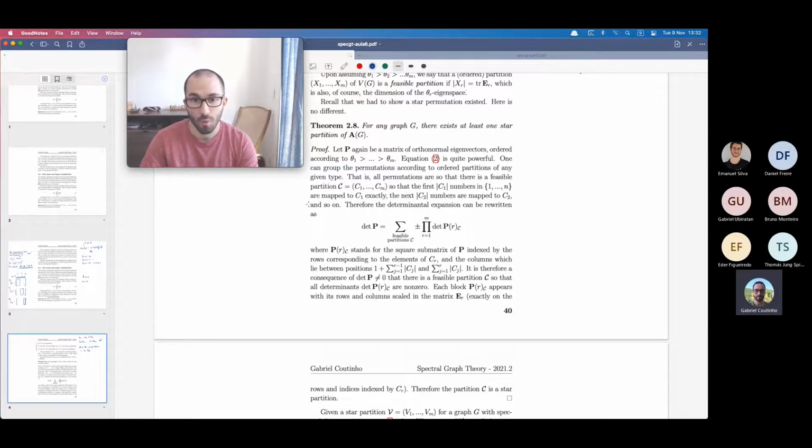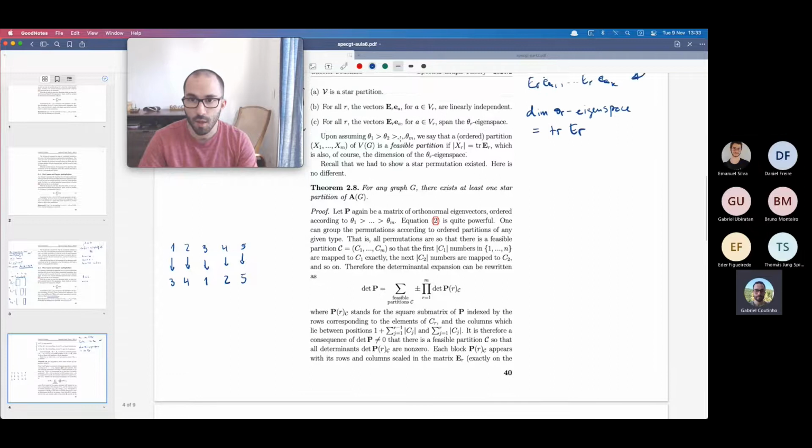And so on. So what do I mean by that? I have a given permutation from 1 all the way up to n. Okay, so this is my permutation. Let's say this is 3, 4, and 5. Let's say that I have examined the eigenvalues of this graph, and I know that I have 3 eigenvalues.